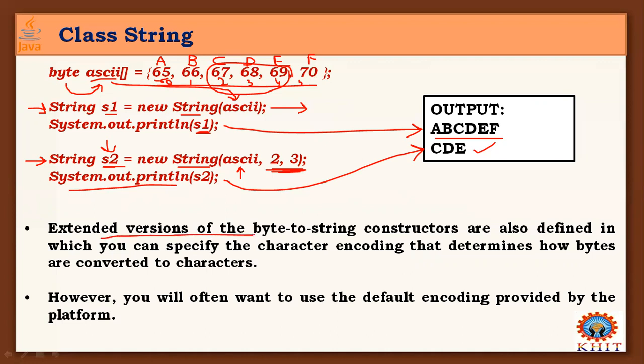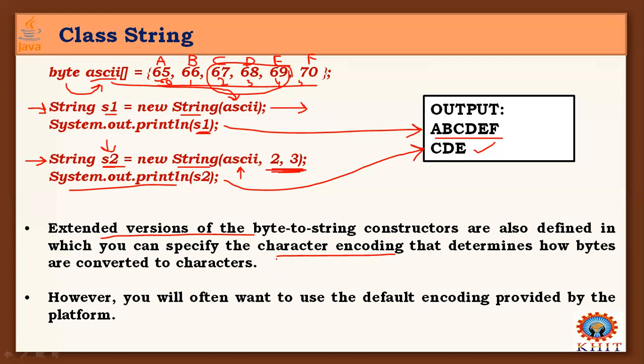Some extended versions of the byte-to-string constructors are also defined, in which you can specify the character encoding that determines how bytes are converted to characters. That is the default thing we already discussed.